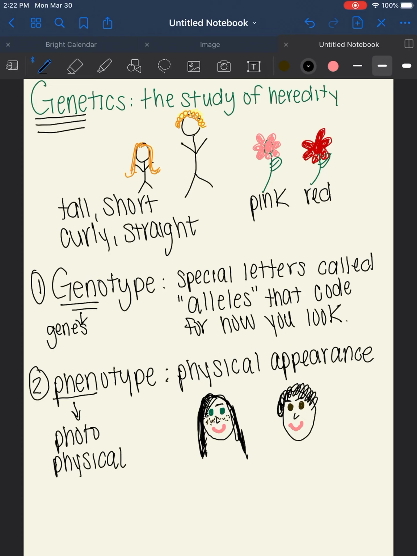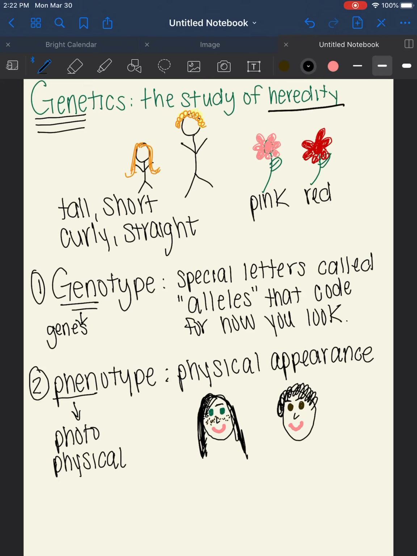So the first thing, what is genetics? What does that mean? The formal definition of genetics is the study of heredity. What does heredity mean? That word just means what you get from your parents, the way you look, and how that is transferred to you.